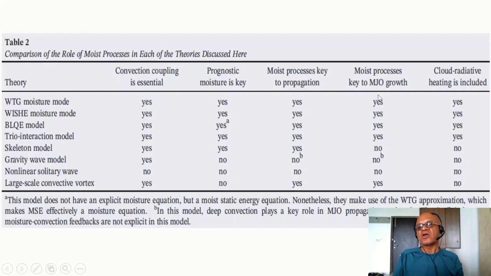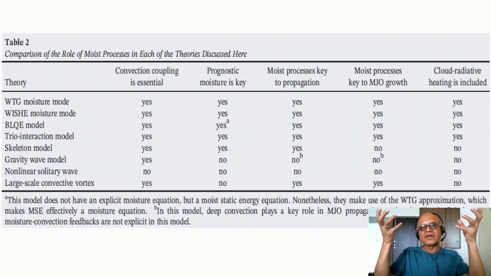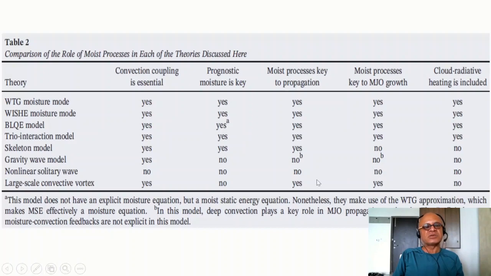Moist processes are critical for MJO growth in all models except the skeleton model, which depends on multi-scale interactions, so it doesn't need moist processes for MJO growth. It can do upscale transfers of momentum and energy by just these multi-scale interactions. The gravity wave model doesn't need it either, and the nonlinear solitary wave doesn't need it either.